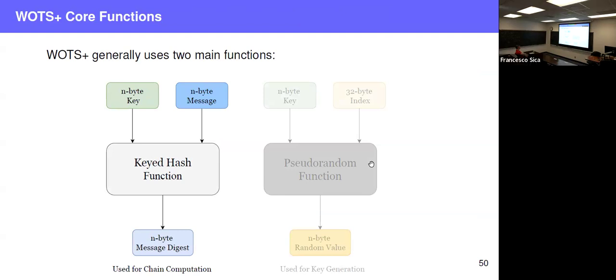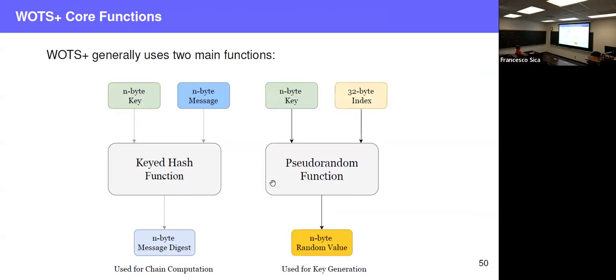WOTS uses two main functions as core functions: a keyed hash function for chain computation and a pseudo-random function for key generation. During the process, we will deal with these two main functions a lot.